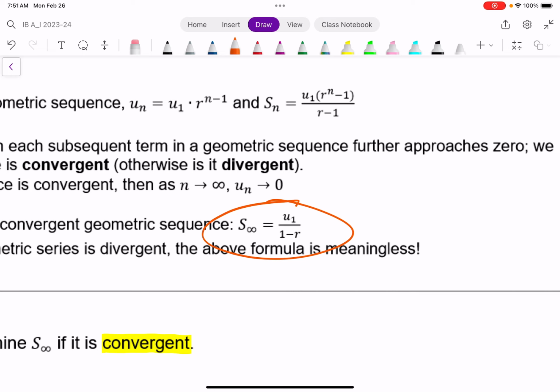It summarizes something really quite abstract, the idea of adding an infinite number of terms up and getting a finite number, a non-infinite number. But again, this is only appropriate if each subsequent term gets closer to 0, if it's convergent. Otherwise, this formula is meaningless.